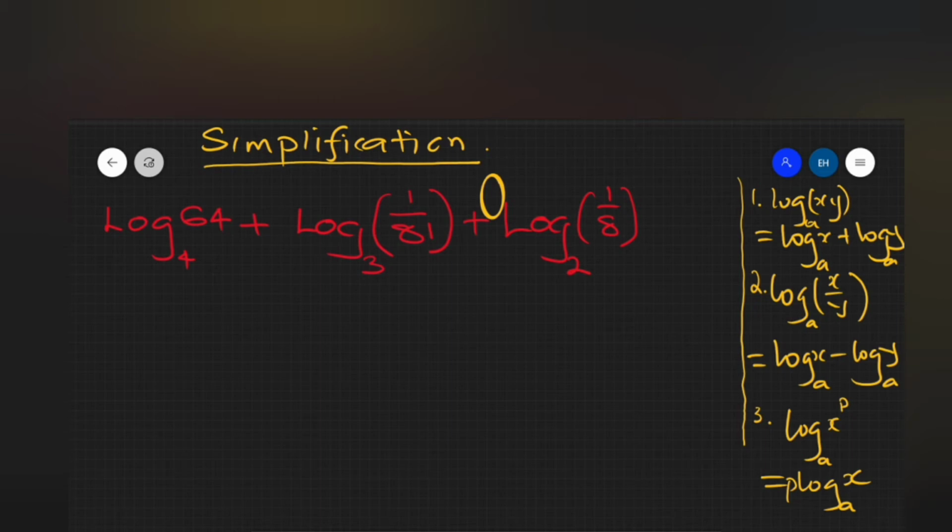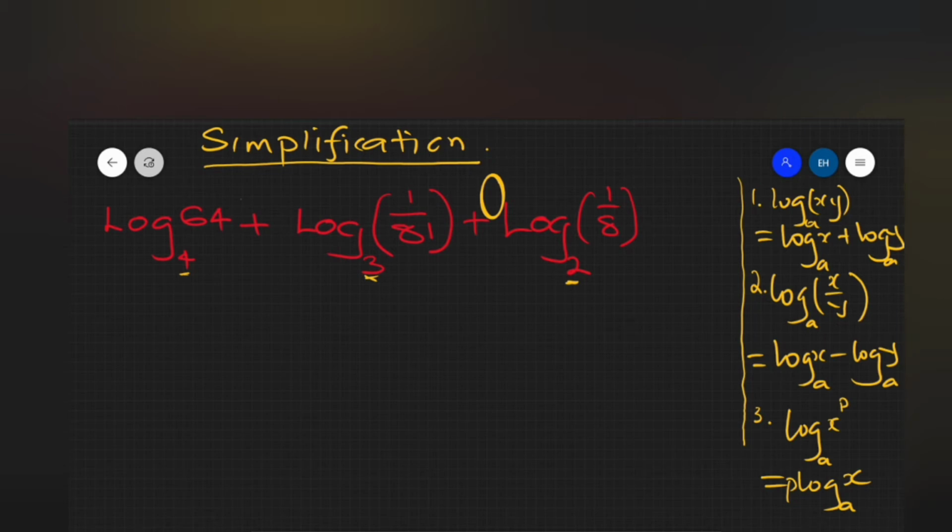Then check the bases if they are the same. You check the bases in the given expression. Okay, if we check here, you find there is a 4, there is a 3, there is a 2. So all the bases are different. If the bases are different, we have to deal with each term singularly.